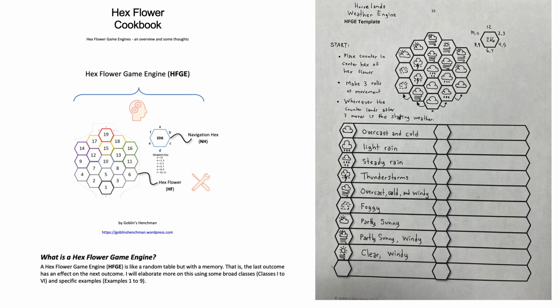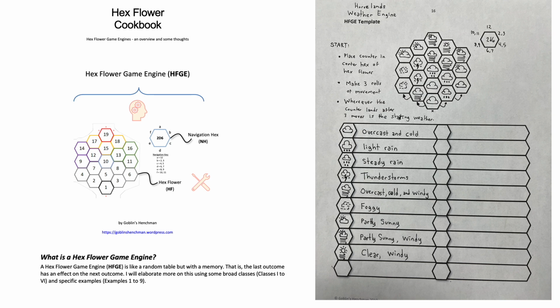There's also a direct hyperlink in there to the PDF of the Hexflower Cookbook on DriveThruRPG. I'm going to go over it briefly here. This is from the cookbook. What is a Hexflower game engine? A Hexflower game engine is like a random table, but with a memory. That is, the last outcome has an effect on the next outcome. And that's what we're looking for.